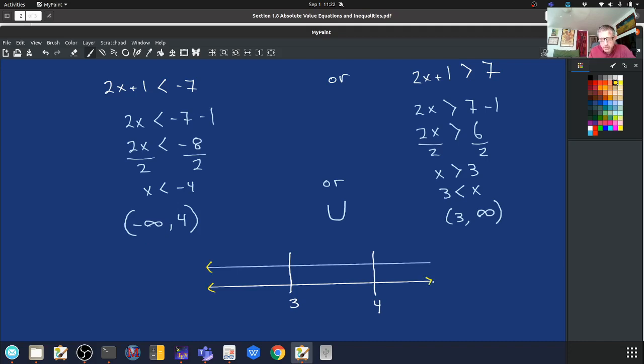If you want, you can remind yourself that this goes to infinity and this goes to negative infinity. So let's express the interval minus infinity to minus 4. Well, minus 4 is not included, but anything less than minus 4 is. Let's express this interval. Well, 3 is not included, but anything greater than 3 is.